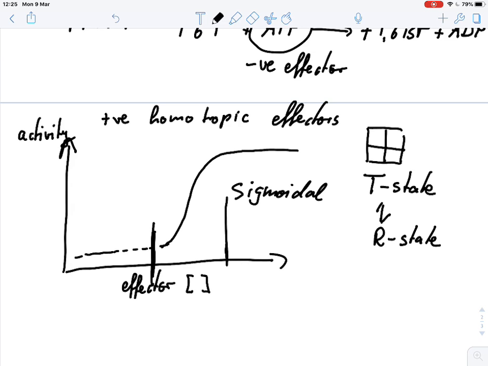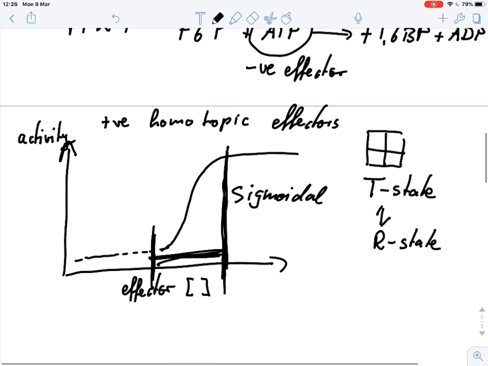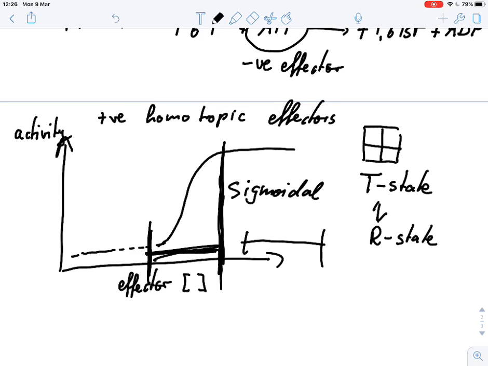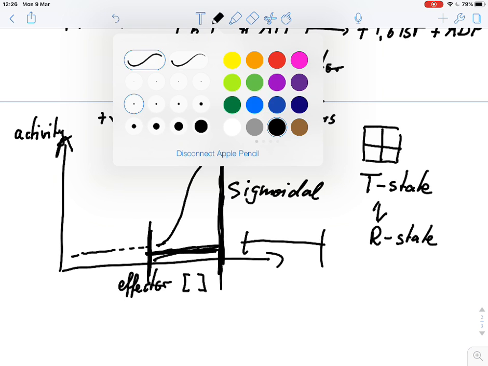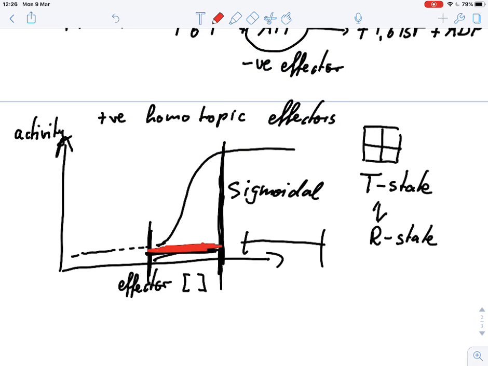In this range here, the response of the cell is directly proportional to the amount of the substrate that's there. And then in this range here, basically the enzyme is always switched on. But this range here, let's do that in a different color. This range here is really the sensor range, where the cell can actually measure how much substrate do I have there, and it can adjust its activity of the enzyme accordingly. That makes sense? Fantastic.